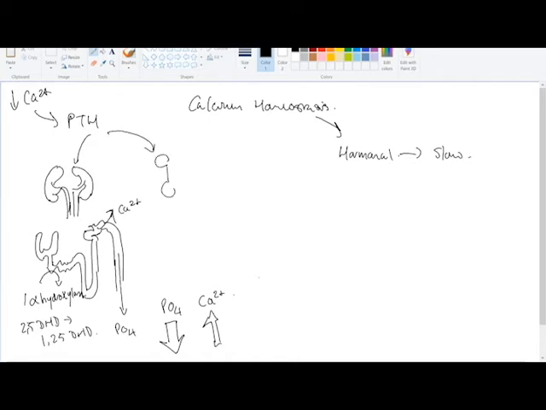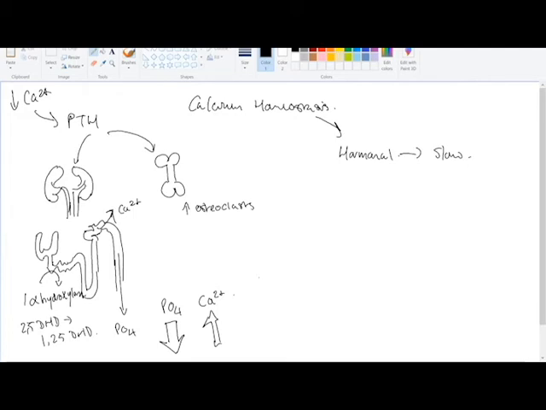bone. In the bone, parathyroid hormone will increase the activity of osteoclasts.